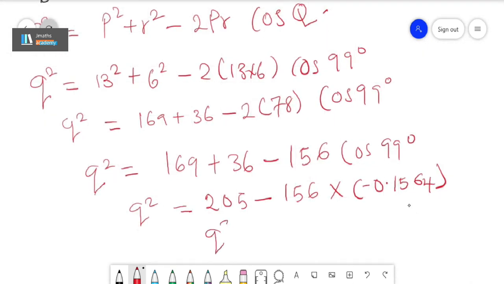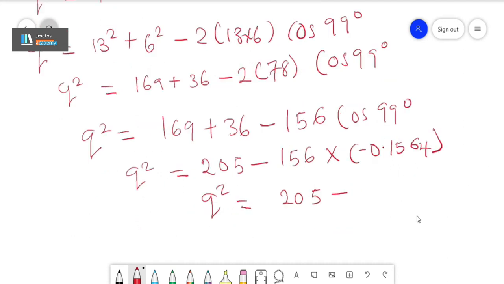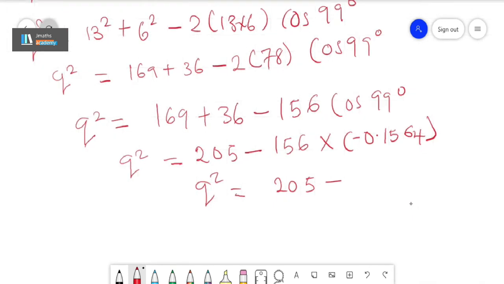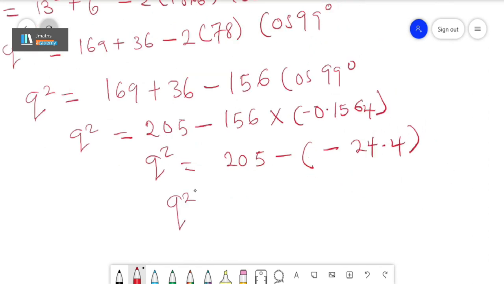So we'll have our q squared to be equal to 205 minus 156 multiplied by 0.1564, if you punch your calculator, to give you minus 24.4. So q squared is equal to 205 minus times minus is plus 24.4.